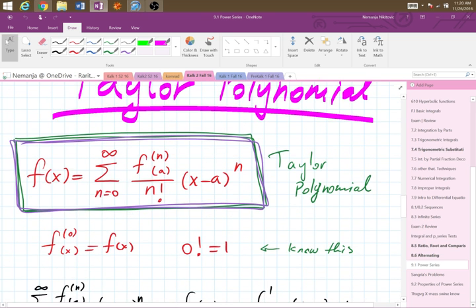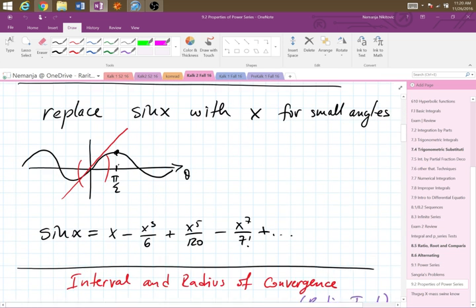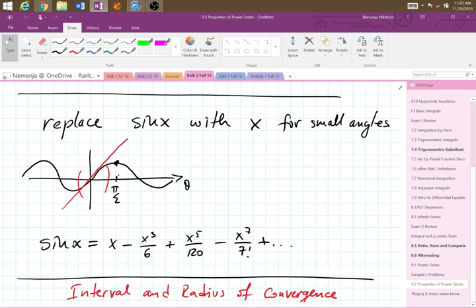There's a Taylor polynomial. Aha, there it is. So this is a very common trick in physics, done especially for simple harmonic motion or something like that, to linearize nonlinear problems for easier calculation. Replace sine x with x for small angles. And I have both graphs here.